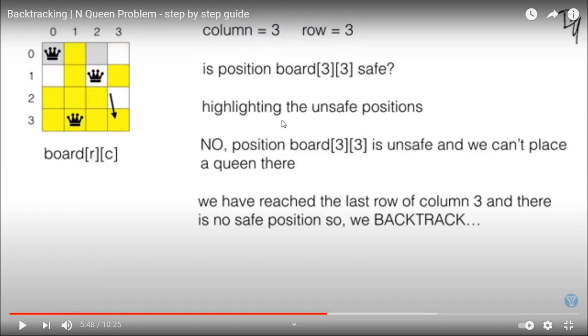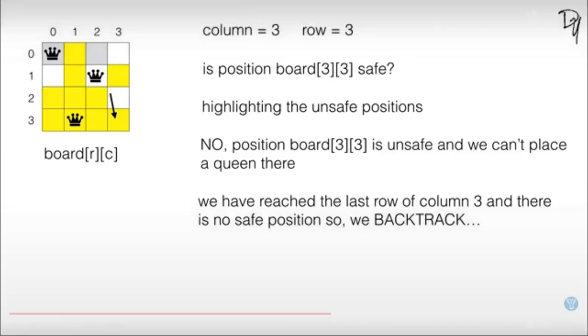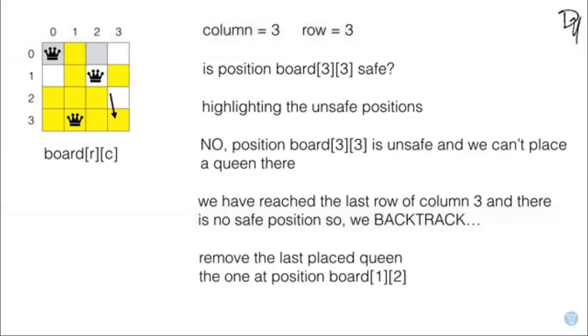Throughout the column we did not get any safe position. At that time we have to backtrack, and what we have to do is change the last placed queen position, right? So this is the same algorithm that we are doing again and again. Now it reached the last row.